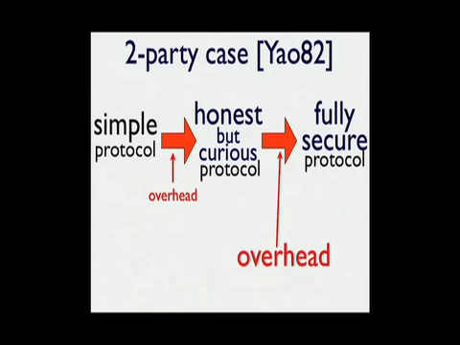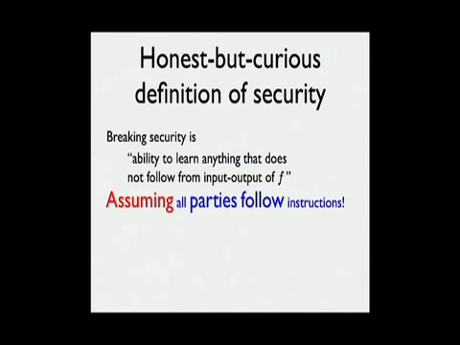But before I can explain what's going on in this step, I'm going to first give a synopsis of this part right here. Okay? So what does honest but curious security mean? It means that the protocol is secure, meaning neither Alice nor Bob has the ability to learn anything that does not follow. So basically the definition says that breaking security means that Alice or Bob is able to learn anything that does not follow from the input-output relationship of F, with the big caveat that both parties follow the protocol.